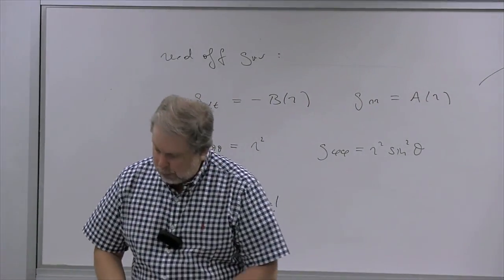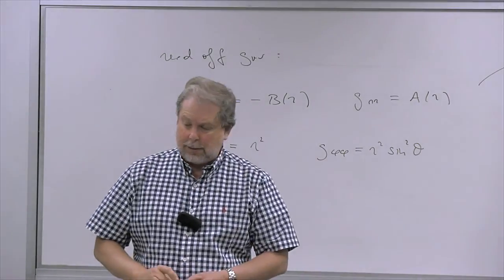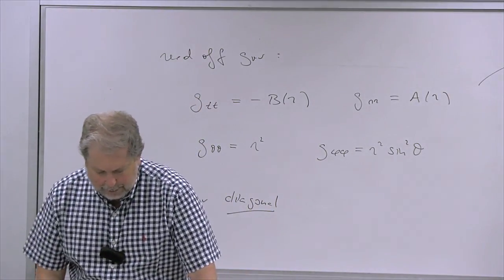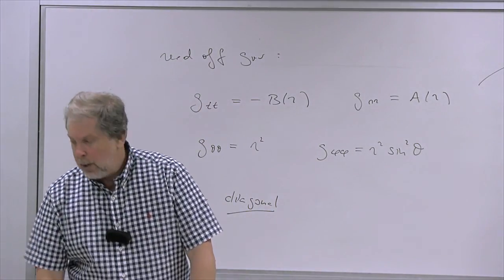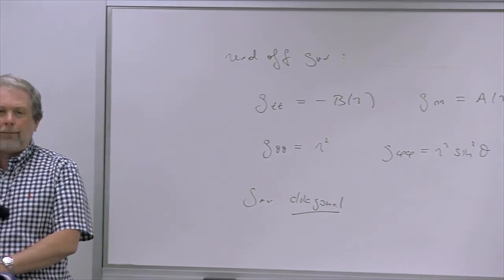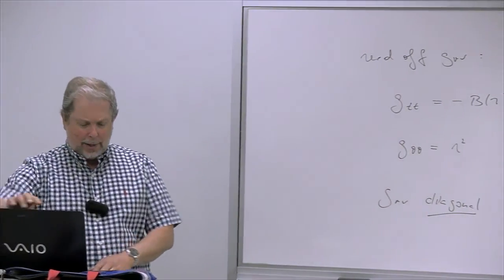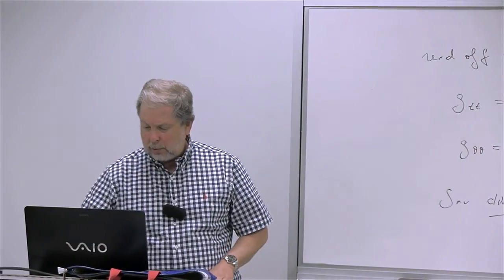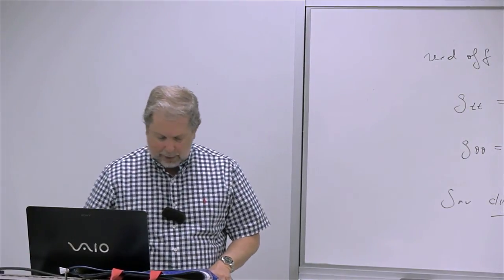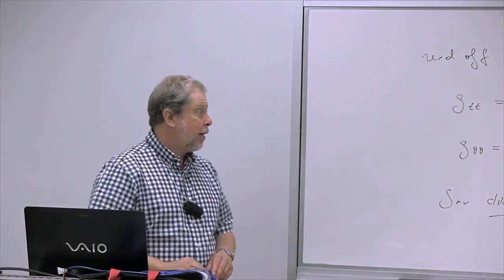So, well, this looks like a lot of fun. In this case, it's easy because the metric has such a simple form, and one can calculate all these components. But we're going to do it differently.